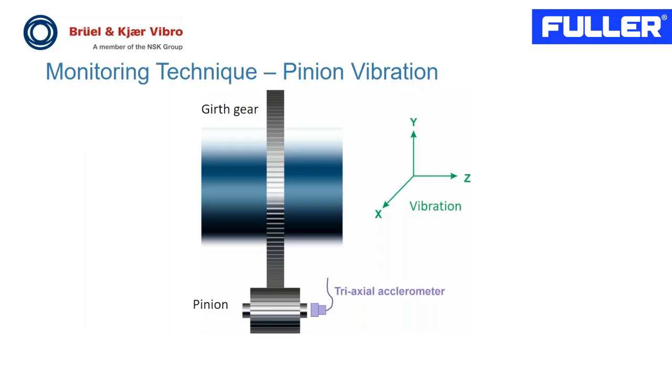And this is done by monitoring vibration measurements such as running speed vibration and tooth meshing frequency, which is basically the running speed times the number of teeth on the pinion, and then the individual harmonics of the running speed and the tooth meshing frequency. From a diagnostic point of view, further analysis can be done by looking at sideband energy, bearing fault frequencies, crest factor, etc.